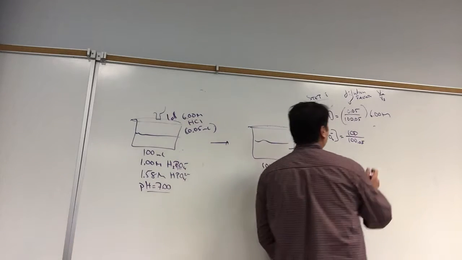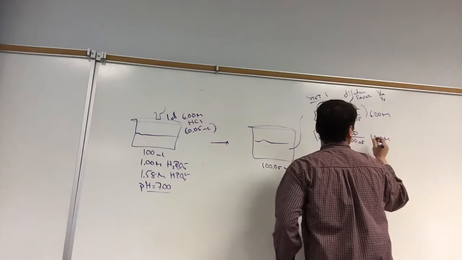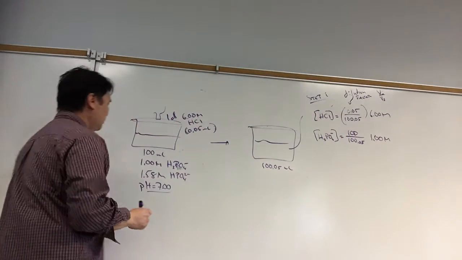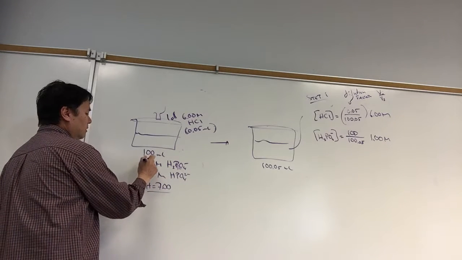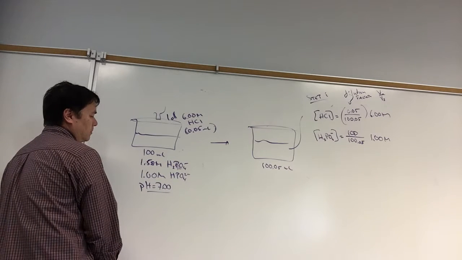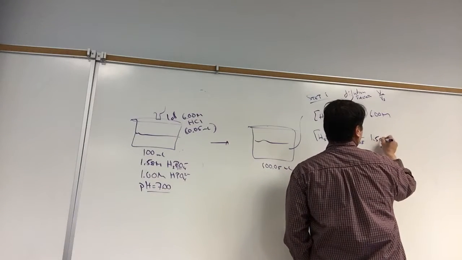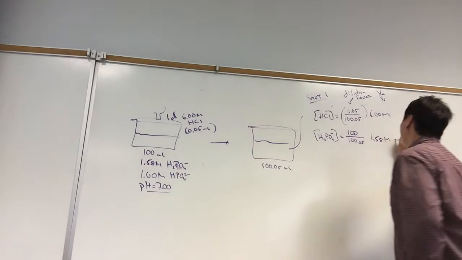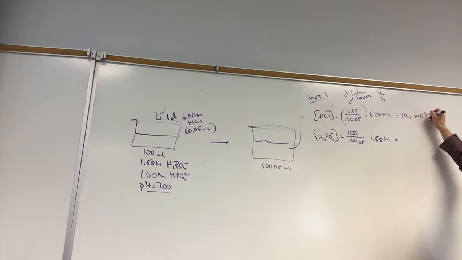It's not very significant, but we might as well just go ahead and calculate it because it's going to change a little bit. I think it was the other way around. Oh, right, we need more acid, don't we? Okay, sorry. 1.58, 1.00. So this is going to be 1.58 molar, which is going to give us a new concentration. This is 2.99 times 10 to the minus 3.